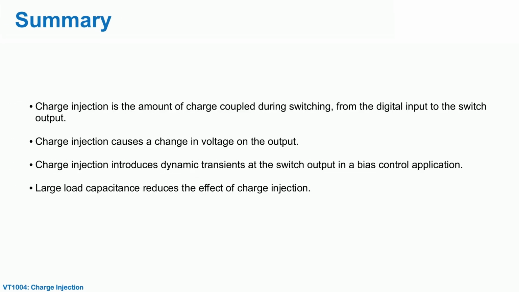In summary, the charge injection is the amount of charge coupled during switching for the digital output to the switch output. It causes a change in output voltage, called delta V. It also introduces dynamic transients at the switch output in the bias control application. Large load capacitance reduces the effect of charge injection.